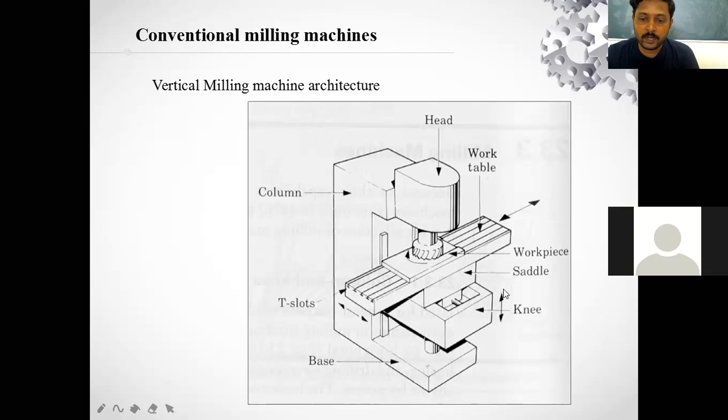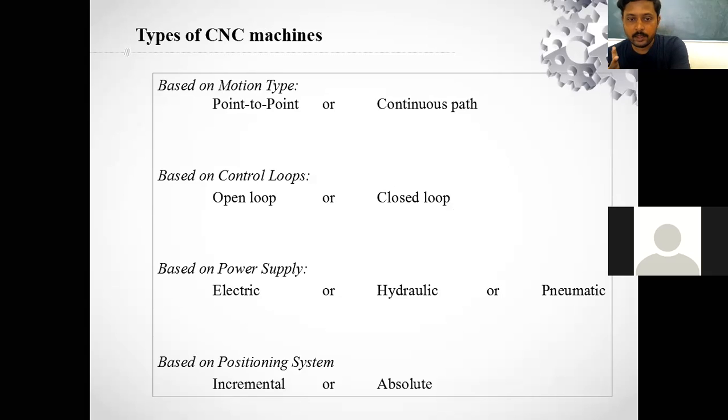Now these movements are very important because these are the very basic functionalities to manufacture a product on a CNC machine.